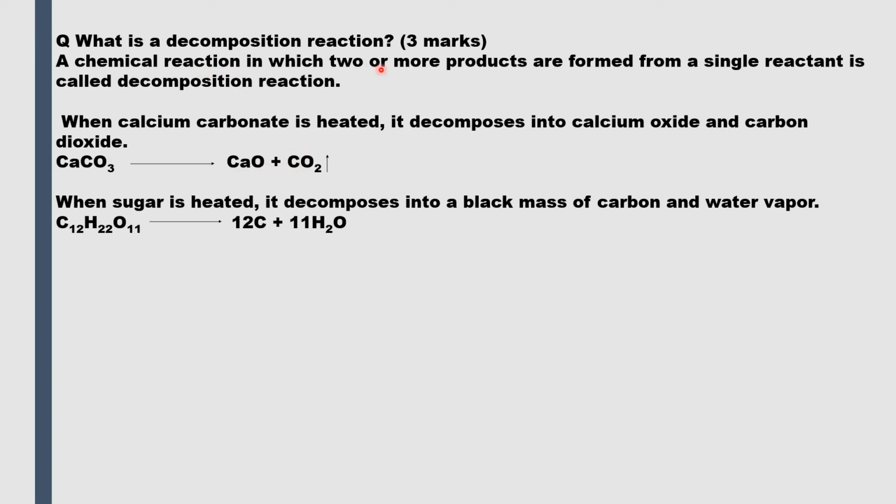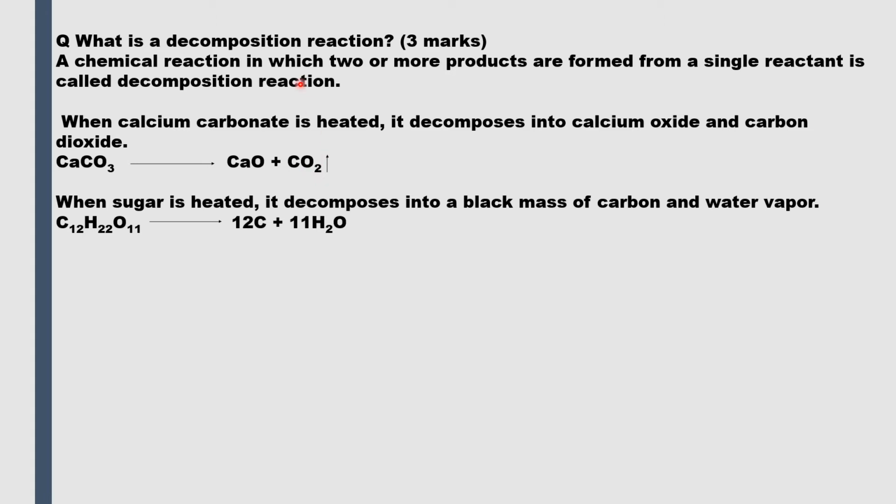Example: when calcium carbonate, that is CaCO3, is heated, then it decomposes to form calcium oxide and carbon dioxide. So calcium oxide is CaO plus carbon dioxide is CO2. So this reaction is already balanced. Since CO2 gas is formed, an arrow mark is shown in the upward direction.